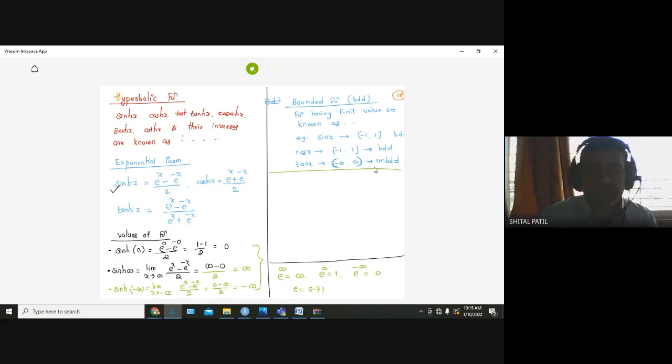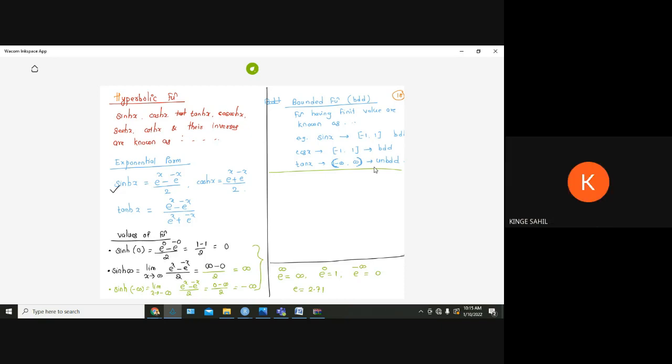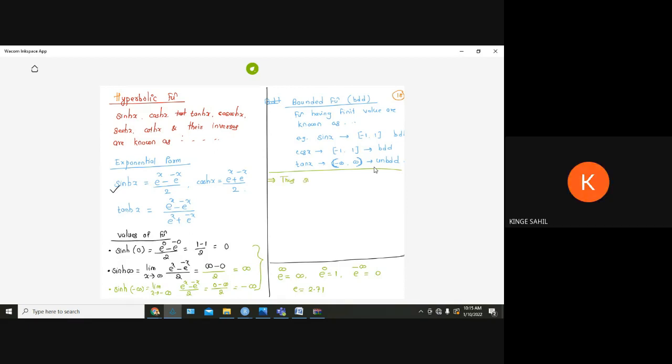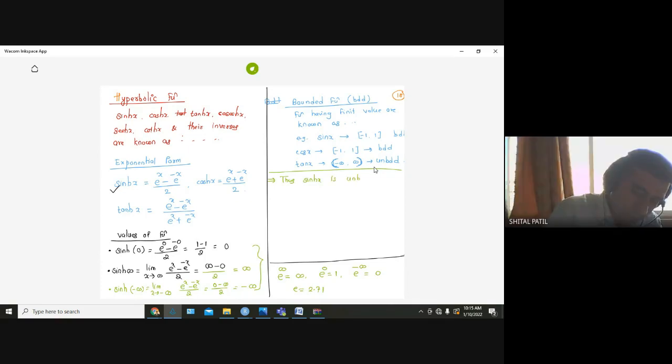What about the boundedness of sine hyperbolic of x? It goes from minus infinity to 0 to infinity. Is it bounded or unbounded? Unbounded. It is an unbounded function.